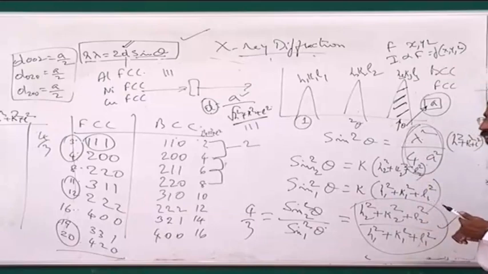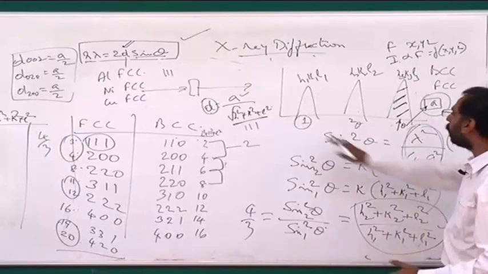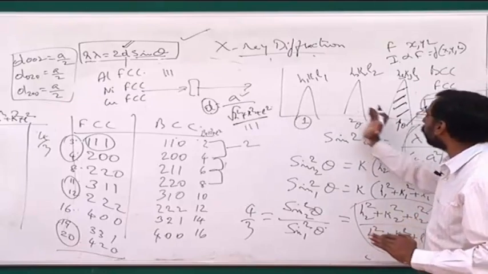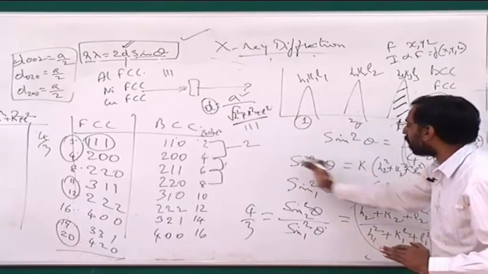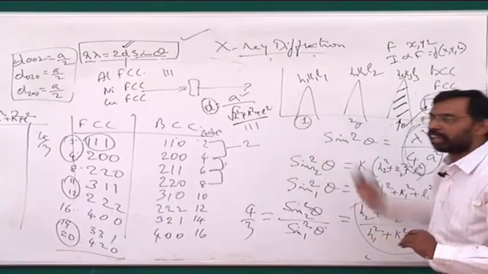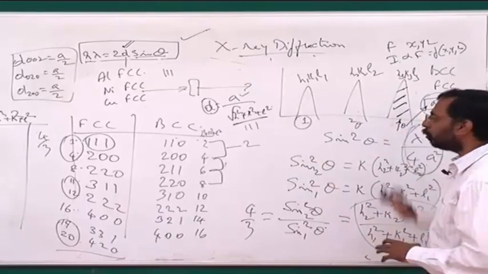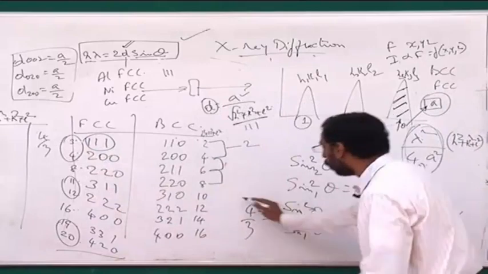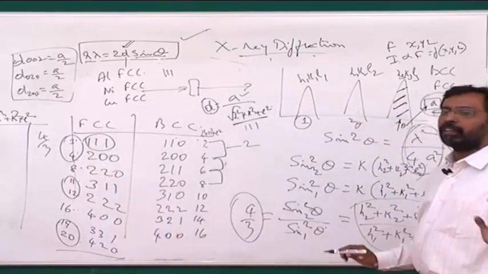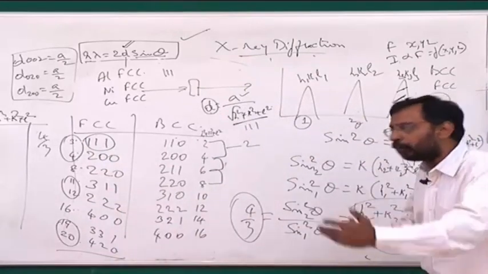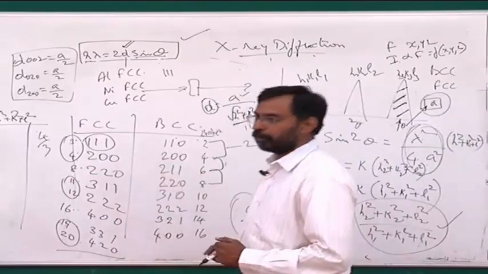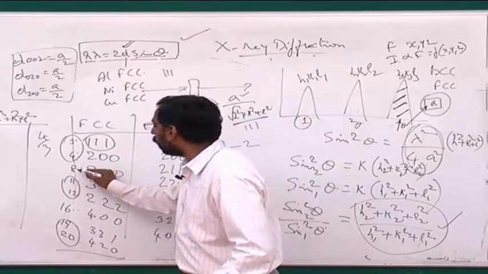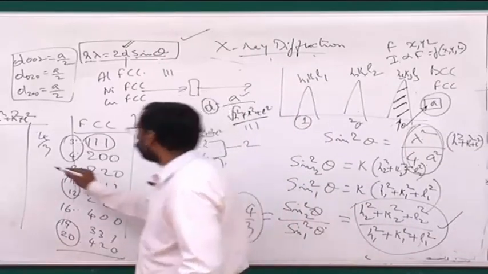From that, if we start and find out how to determine the crystal structure, we said we simply take the diffraction pattern and take the ratio of the second peak sine square theta to the first peak sine square theta, and take the ratios to confirm further. For example, if the ratio turns out to be 4/3, I know that it is FCC. And to confirm it further, I go to the third one, take the sine square theta for the third peak, and I know that the third versus the first should be 8/3.